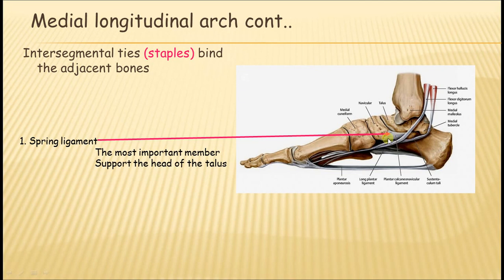If the spring ligament is stretched too much, then naturally the medial longitudinal arch will collapse. The spring ligament itself is in turn supported by the tibialis posterior tendon, which sends some slips to the spring ligament.